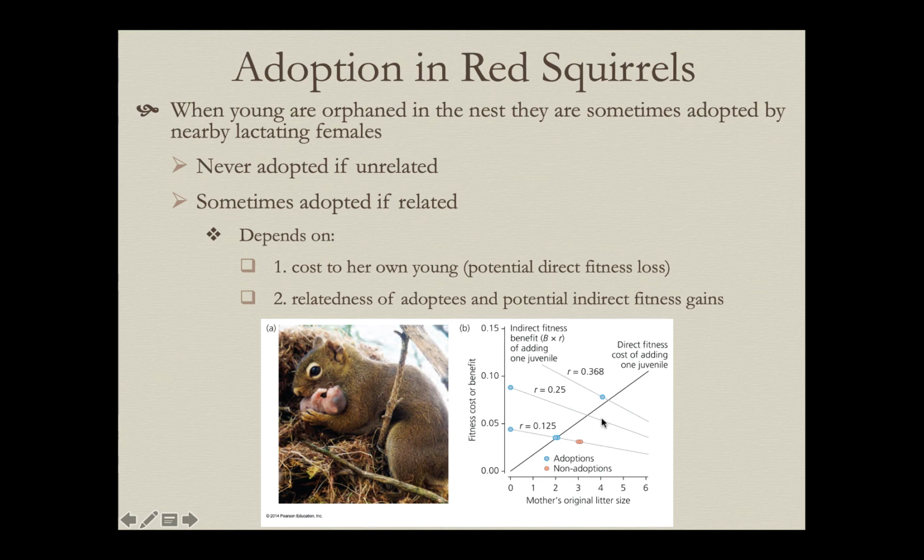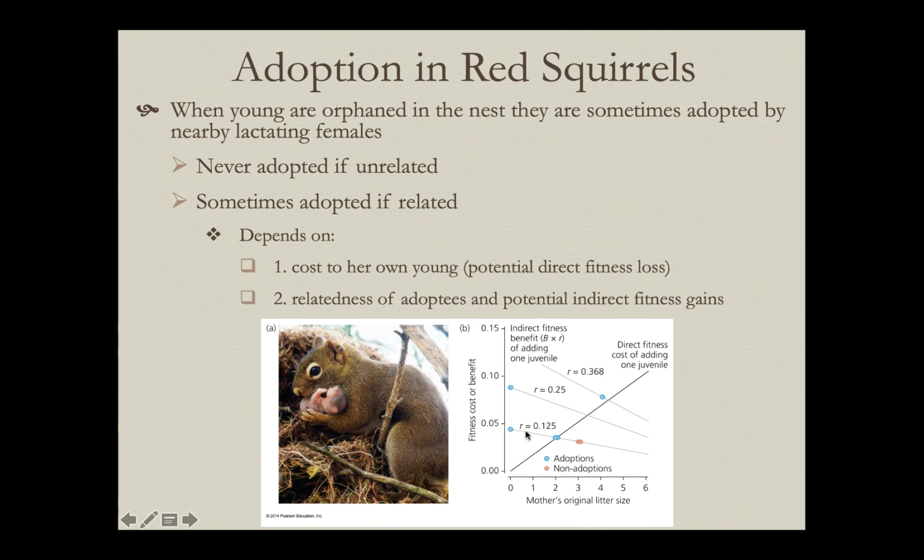Now, if you come over here, if the relatedness of the pup is 0.25 to you, you're only going to do that if you're somewhere along in this trajectory. So probably not past 3. In this study, they only found it associated with individuals that didn't have their own pups, which were lost for some reason due to predation or some other cause of death.